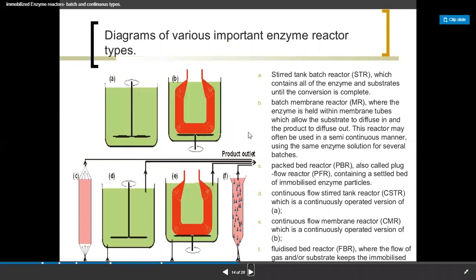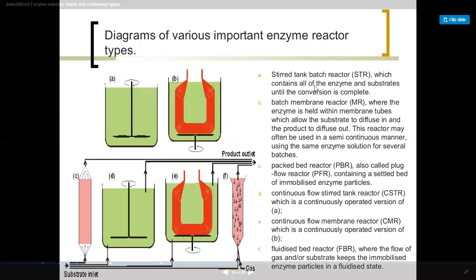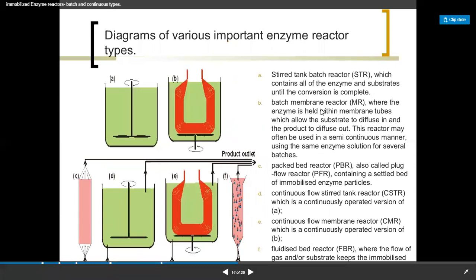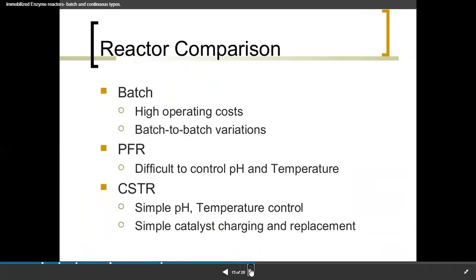And the diagrams of various important enzyme reactors are stirred tank batch reactors, batch membrane reactors, packed bed reactors, continuous flow bed reactors. So these are the examples of these reactors. For the reactor comparison, batch reactors have high operating cost, and batch to batch variations are found.